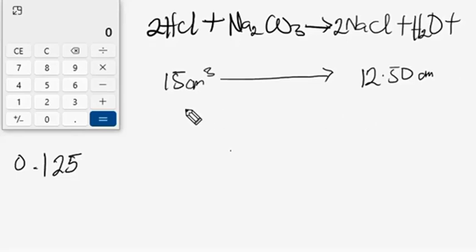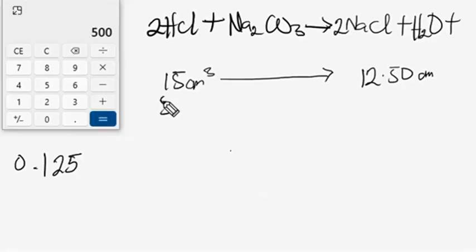So 0.50 dm cube is the same as 0.50 times 1000, that's 500 cm cube.